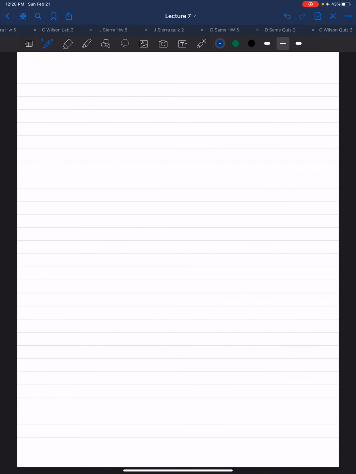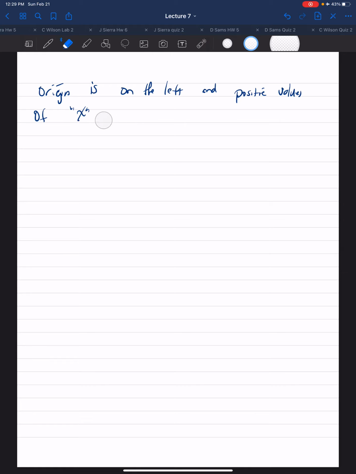So like we said, the origin, when plotting as a function of x, is on the left, and positive values of x extend to the right.